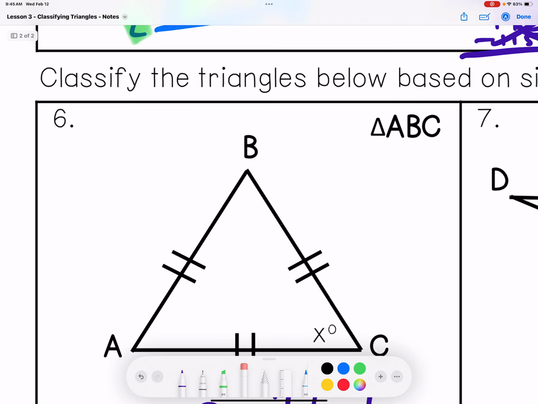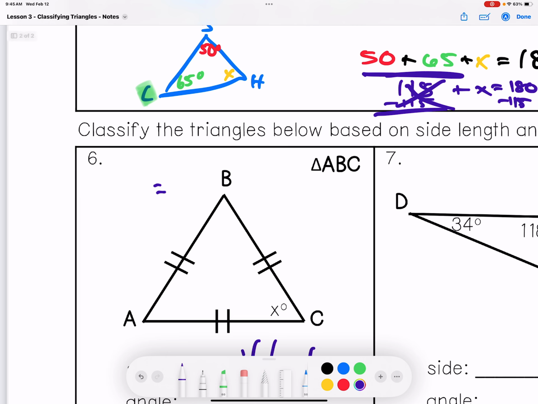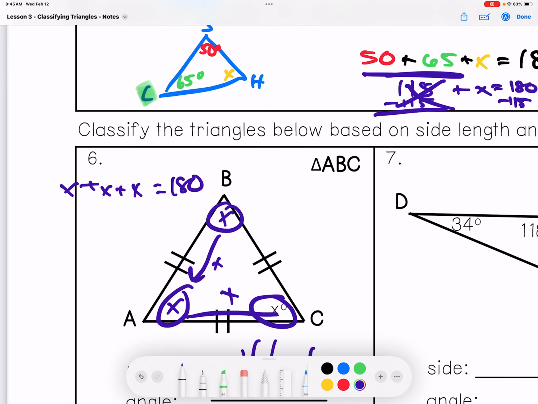Okay, let me zoom in. I know that the total is 180. I know that each side is x. Well, how many sides are there? 3. I know that x, or we can do angles, because that's what they asked for. I know that plus that equal 180.